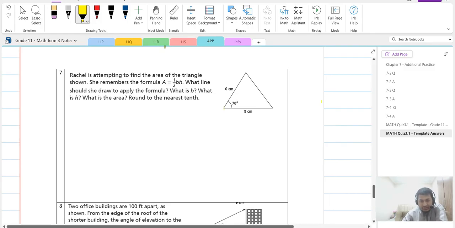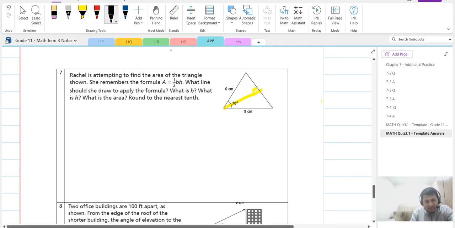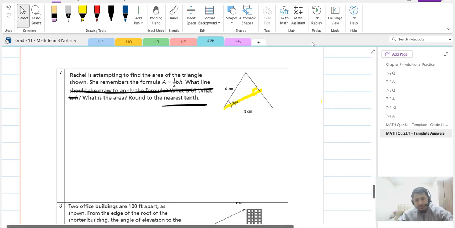Just answer what is the area to the nearest tenth. No need for what's B and H, because that's coming from the proof.